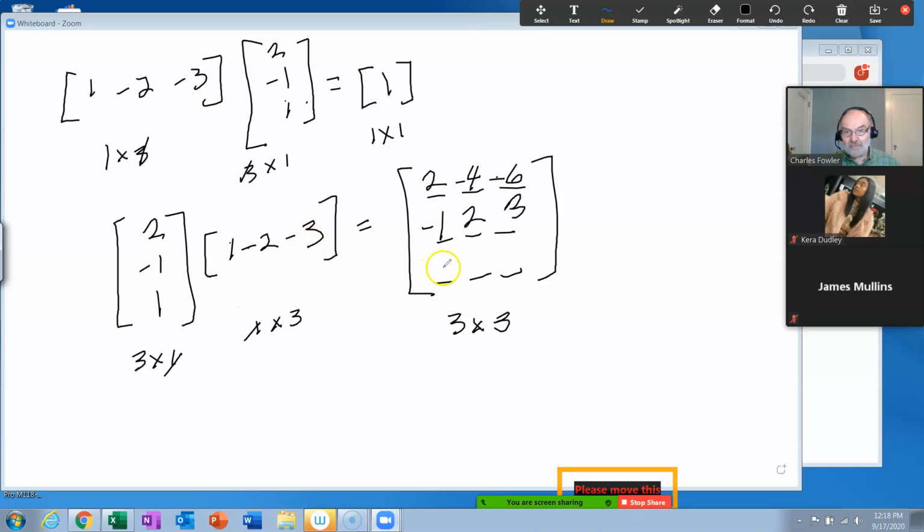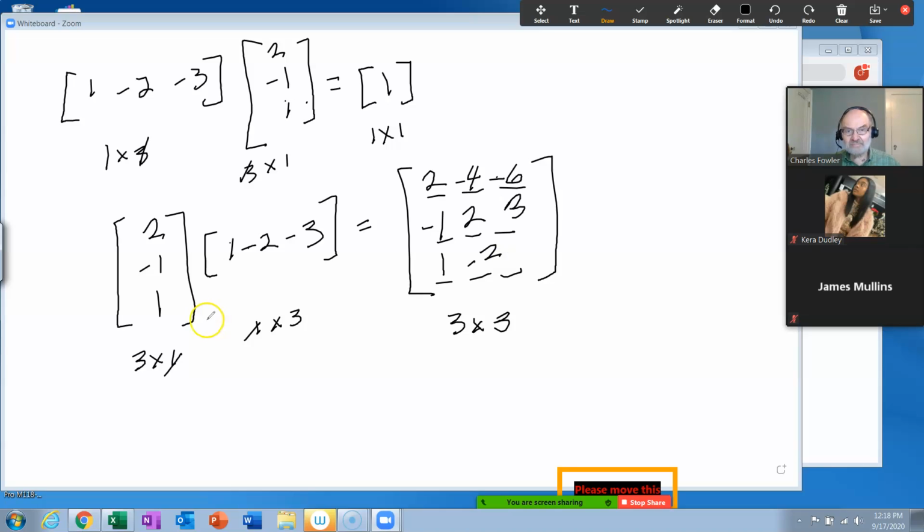Okay, 3-1 entry here, third row, first column, that's a 1. 3-2 entry here, third row, second column, that's a -2.